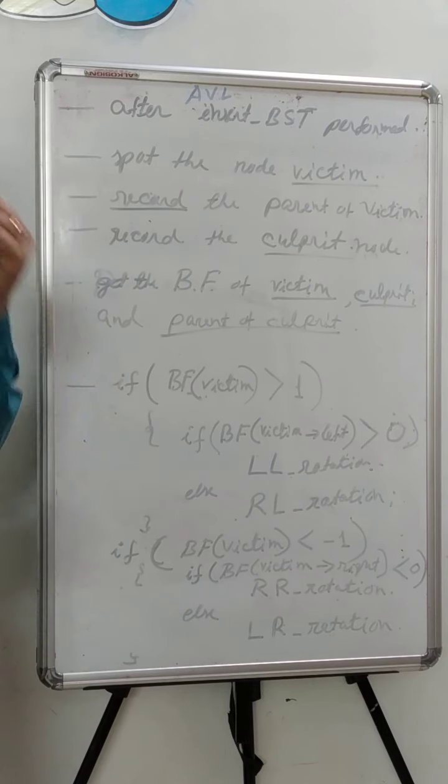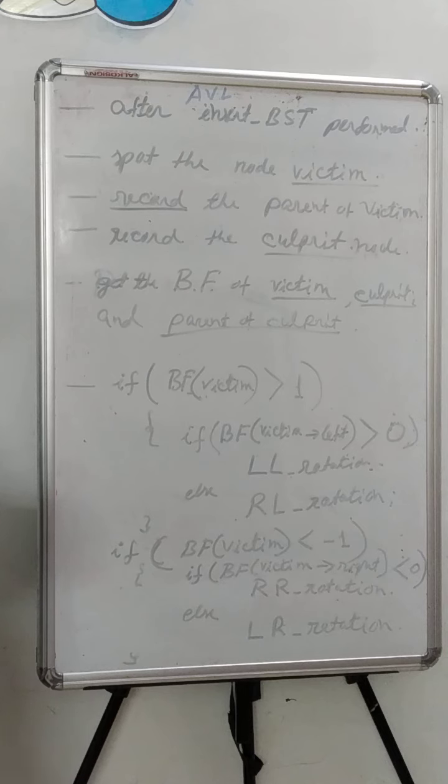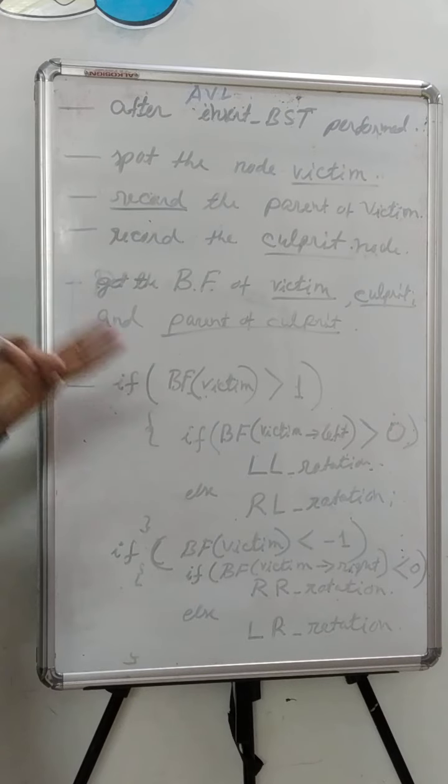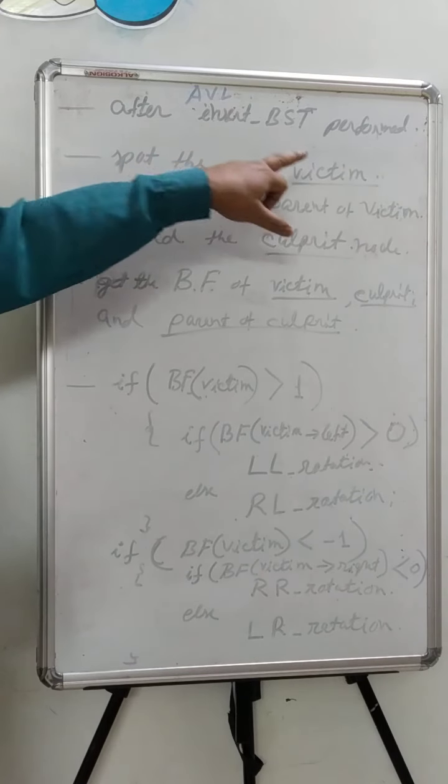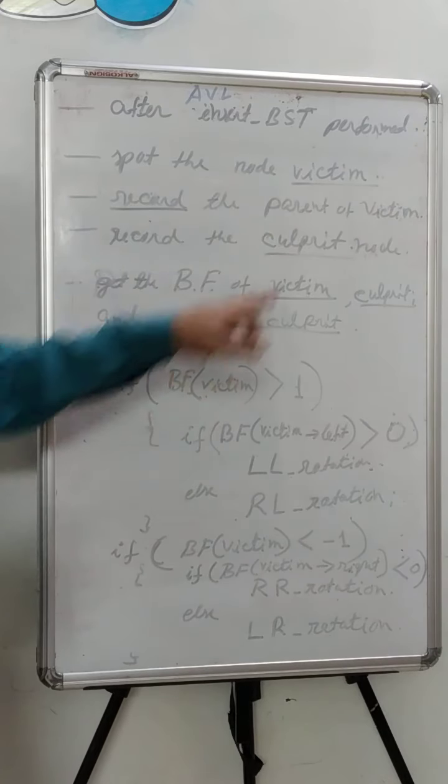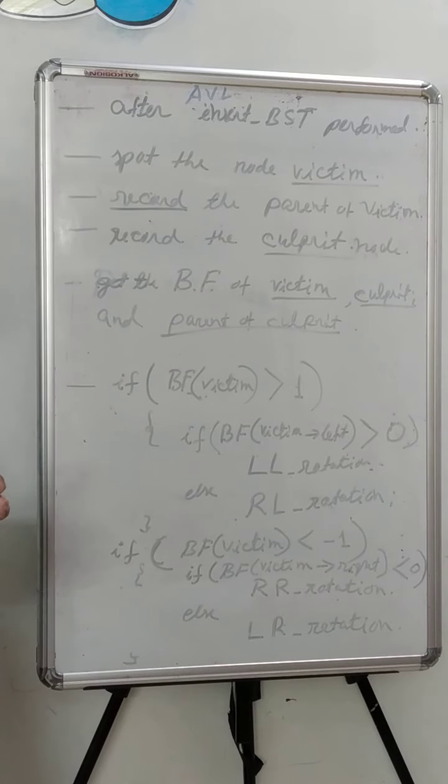In one situation, only one kind of rotation will be applied. So for deciding that, we need to check the balance factors of some nodes. In the previous discussion we have already shown that the 2 crucial nodes are the victim node and the culprit node.